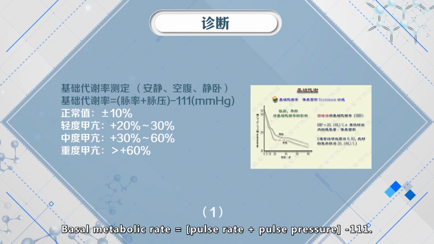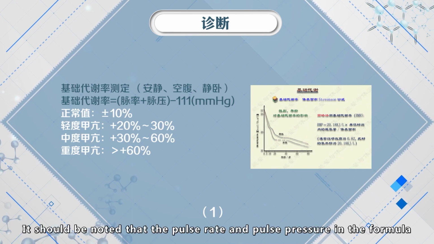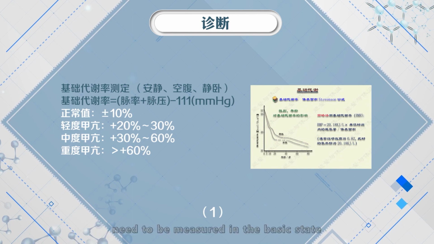Basal metabolic rate equals pulse rate plus pulse pressure minus 111. It should be noted that the pulse rate and pulse pressure in the formula need to be measured in the basal state. Judgment of the calculation result: normal range is plus or minus 10%.